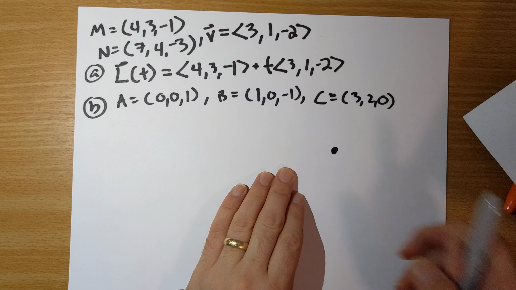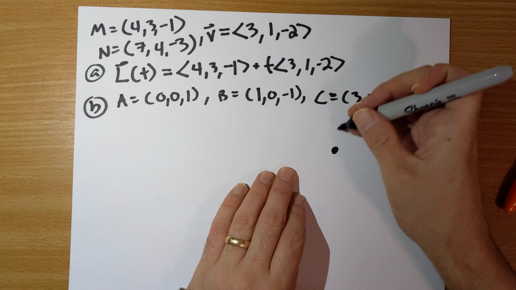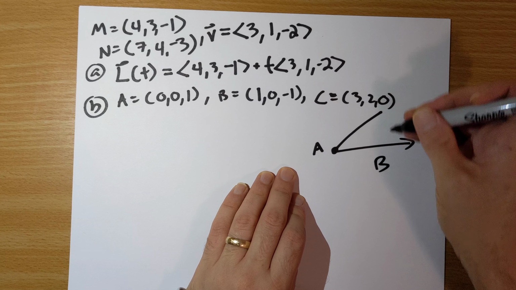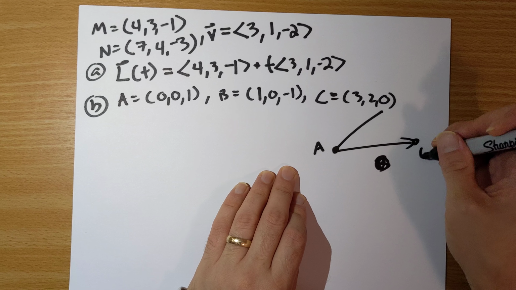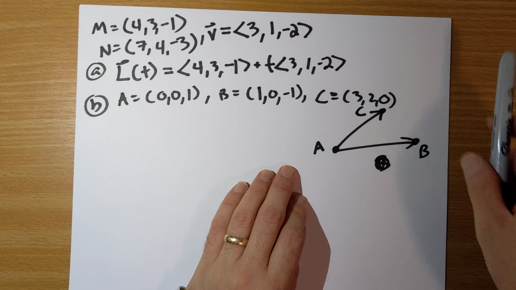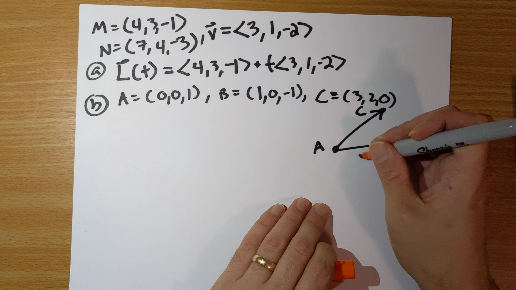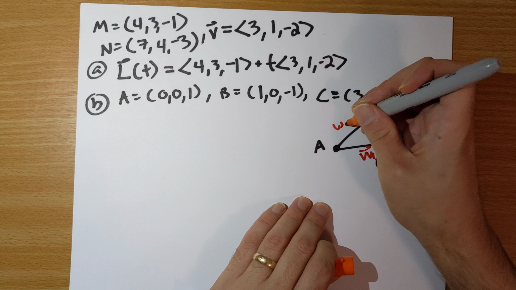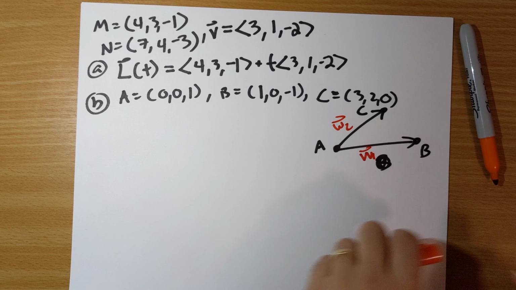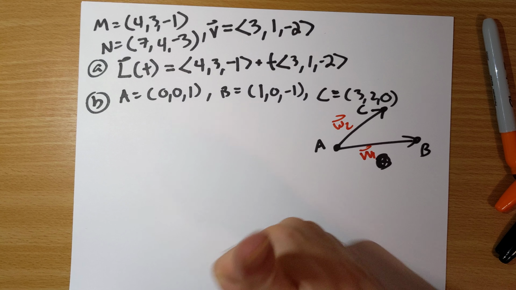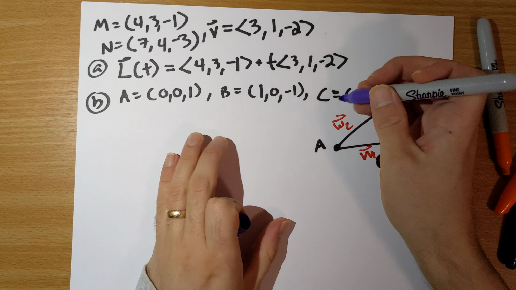So the idea here is that we're going to take, here is A, here is B, here is C, and we're going to say, okay, this is some vector W1, this is some vector W2, and then we're going to take the cross product of W1 and W2 to get a normal vector.